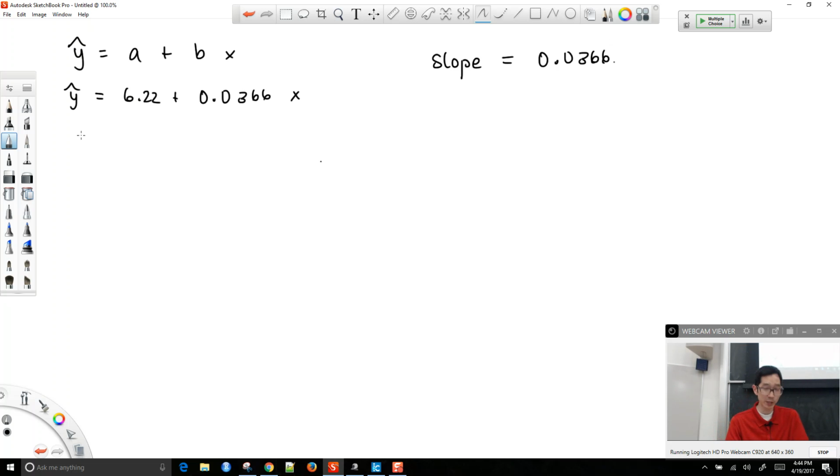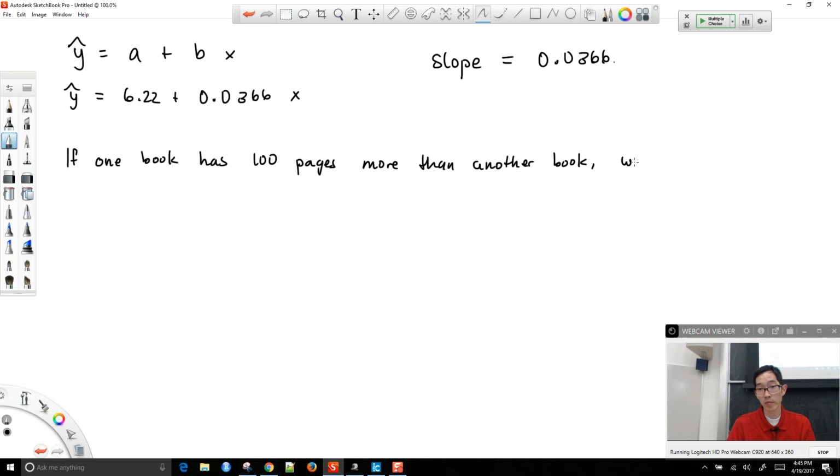So what we are saying is that if one book has 100 pages more than another book, we predict its width to be 3.66 millimeters more than the other.